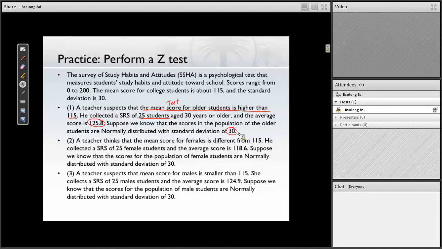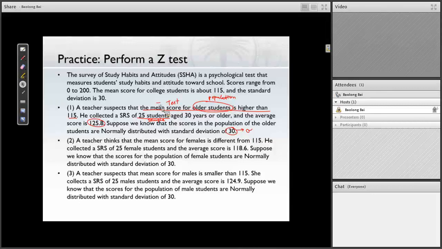So we're given some information, and you need to understand what each piece is. This will be our sample. What is the population? The population will be all of the older students. The sample is only the 25 students we choose from there. And then, what is 30? That's the population standard deviation sigma, right?